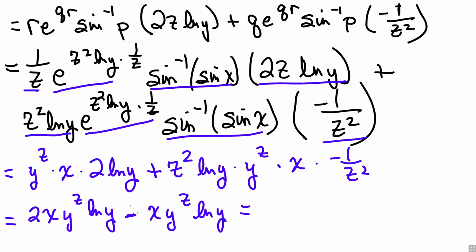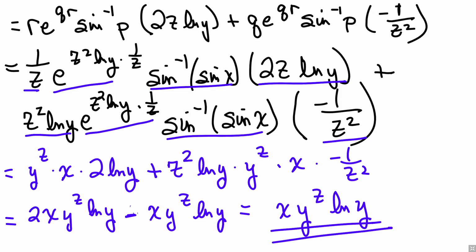So in the grand scheme of things, this is just equal to x y to the z times the natural log of y. Any questions?